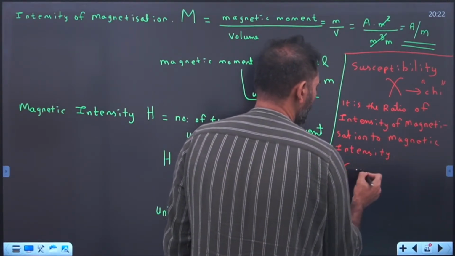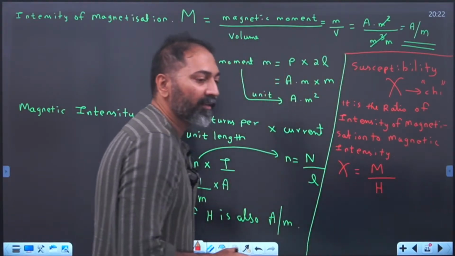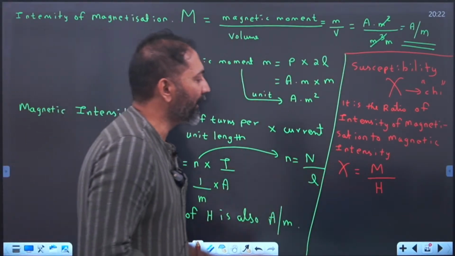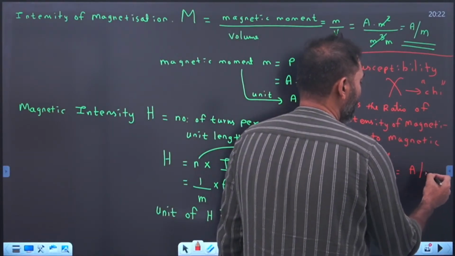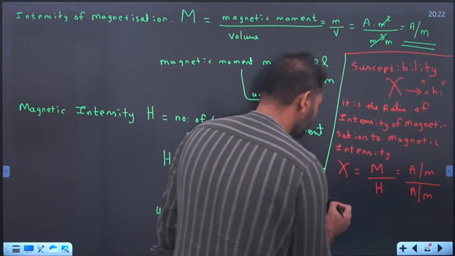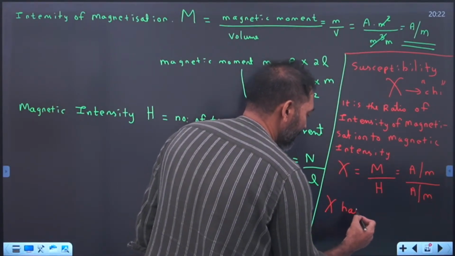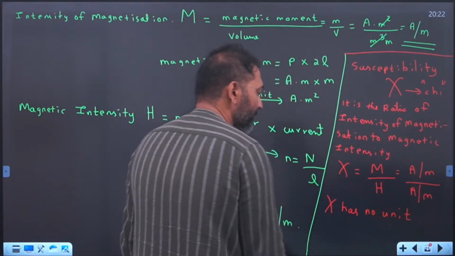Chi is equal to M by H. Remember, M unit is ampere per meter, H unit is also ampere per meter. So chi has no unit. Chi doesn't have any unit.